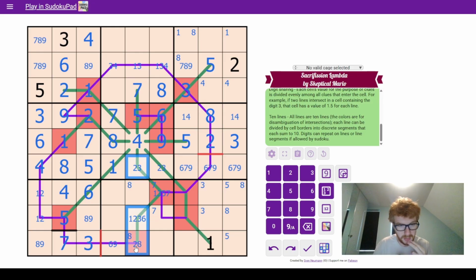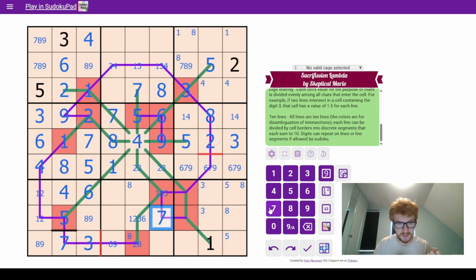That then has to be a 2, because if that's an 8, then that sum is 4 with this 2 is already 6, so that doesn't work. So that has to be a 2, which will make that a 3, so that makes a sum of 4. And then we need another 2, and that doesn't work. So that cannot be a 7. So that has to be a 7.